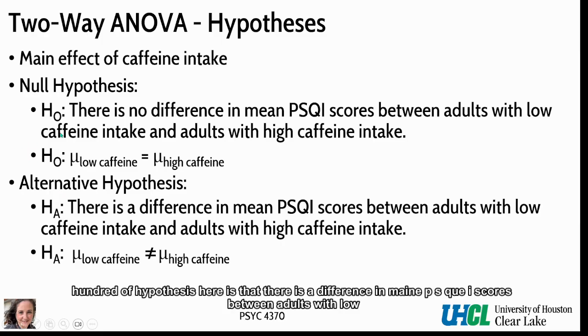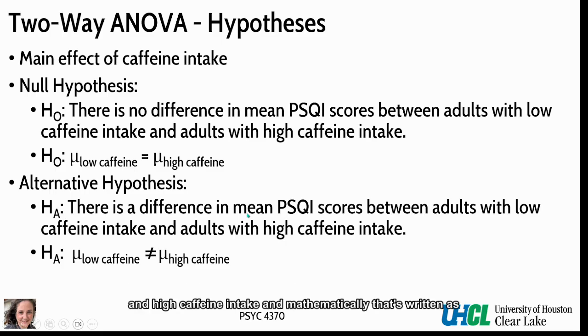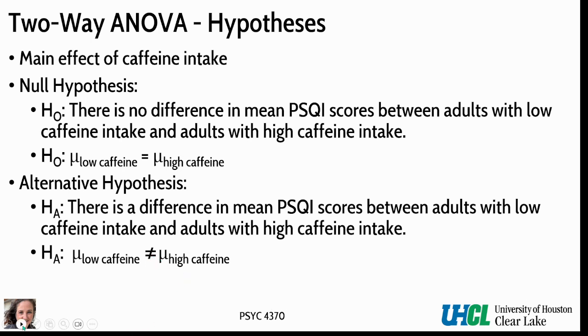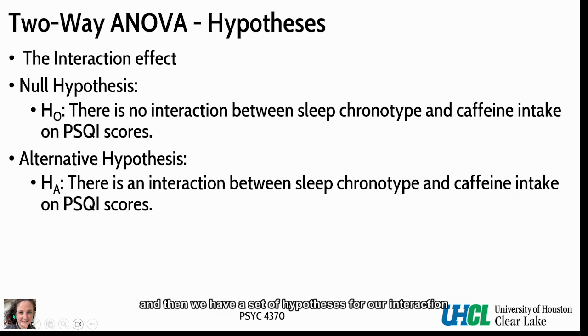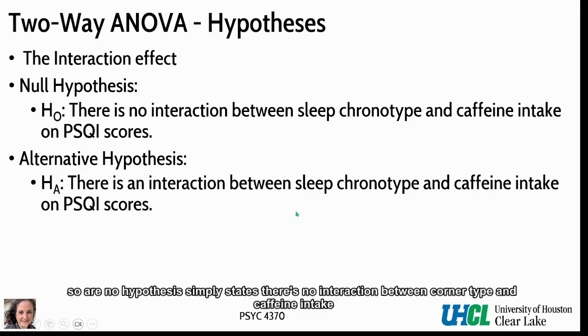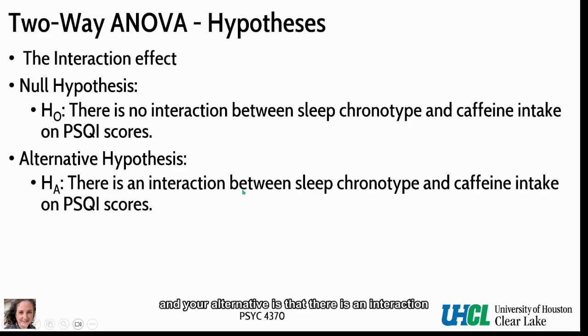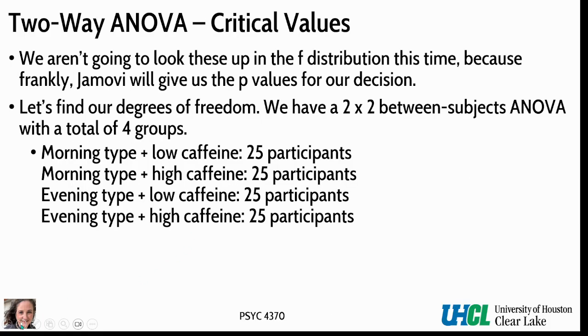Your alternative hypothesis here is that there is a difference in mean PSQI scores between adults with low and high caffeine intake, and mathematically that's written as mu of low caffeine is not equal to mu of high caffeine. And then we have a set of hypotheses for our interaction. So our null hypothesis simply states there's no interaction between chronotype and caffeine intake, and your alternative is that there is an interaction.